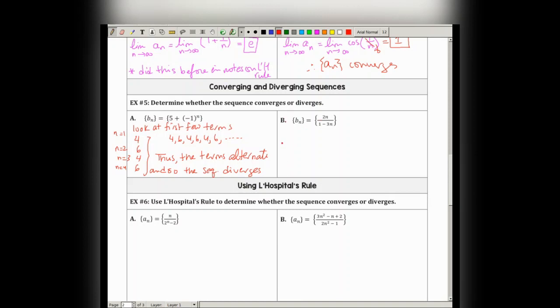All right, let's look at this one, b. So if I take the limit as n goes to infinity of this, let's use a different color. All right, so if I look at the limit as n goes to infinity of b sub n, of 2n over 1 minus 3n.